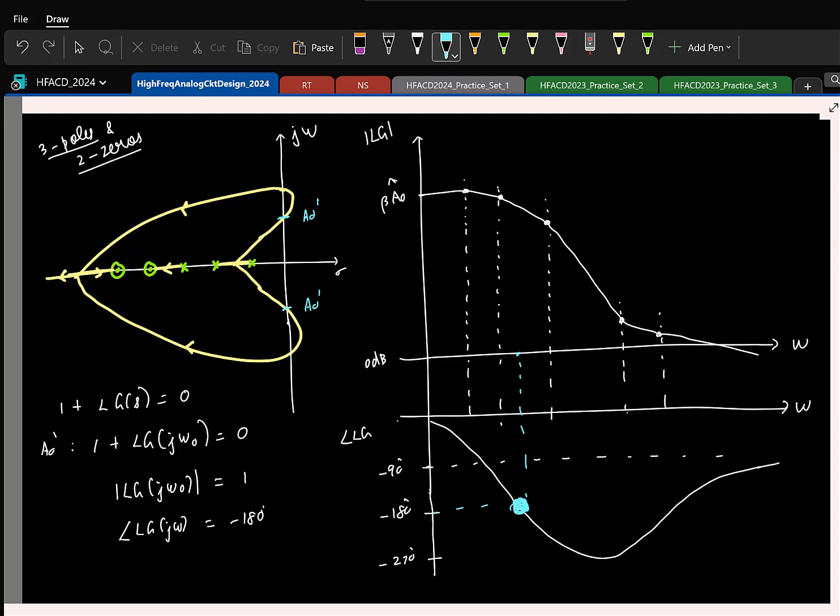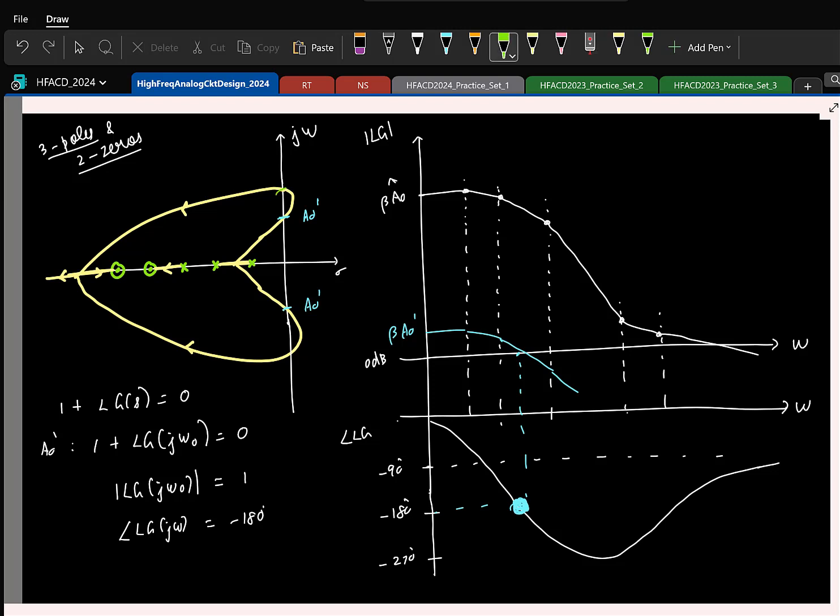So I'll have to scale the plot, and then you have the third pole. So this is some beta times A naught prime. I basically scale the magnitude plot so that when the phase is minus 180, I have made sure that the magnitude is unity. So fine.